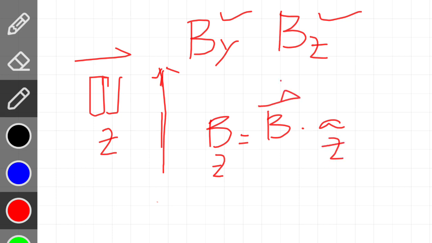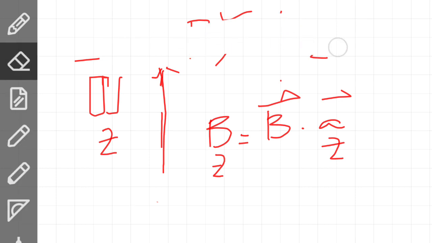This is how we calculate the z component of this vector. So all the three components of this vector are known.